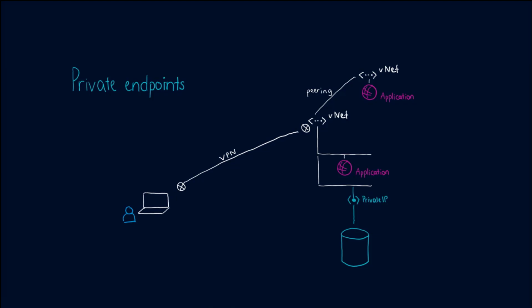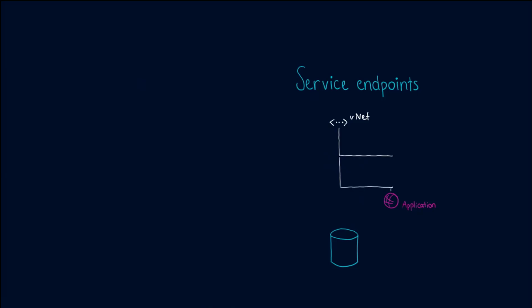If we, on the other hand, look at the service endpoints, my animations are off. We have our database here, and we have our virtual network. And you can see that I already have that application in that subnet where I am creating my service endpoint.